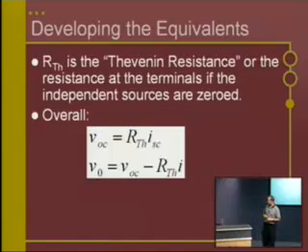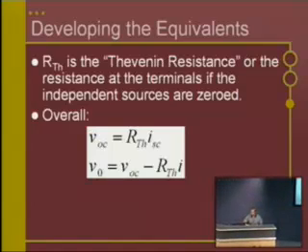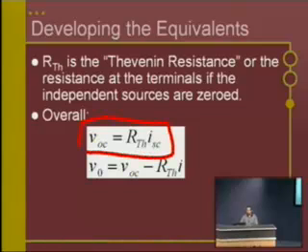Again, the most important equation to remember is this one, where V_OC, the open circuit voltage, is the short circuit current times the Thevenin resistance. That gives us a way, once you have one of the equivalents, to always switch over to the other equivalent pretty quickly. The only question is, how do you get these open circuit voltages, short circuit currents, and Thevenin resistances?